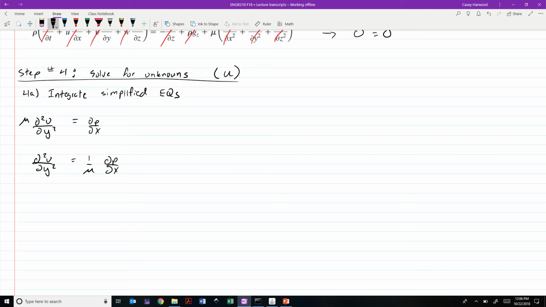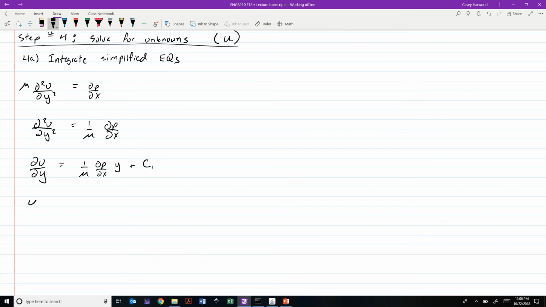Integrating that once, du dy is going to be equal to 1 over mu dp dx y plus a constant. Integrating it twice, u equals 1 over 2 mu dp dx y squared plus c1 y plus c2.